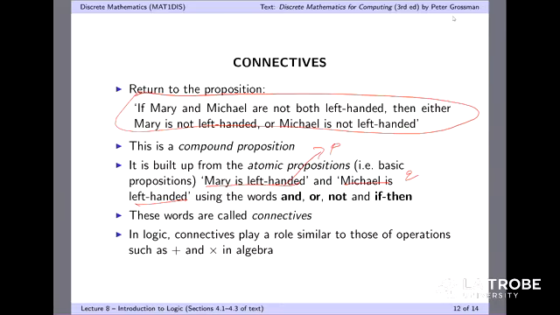Okay, what did you get? Look, in the statement we said, if Mary and Michael are not both left-handed, and I'm writing it as Mary is left-handed, Michael is left-handed. What did you get?